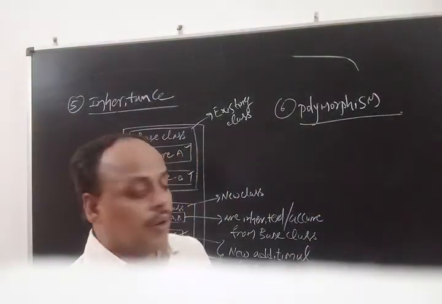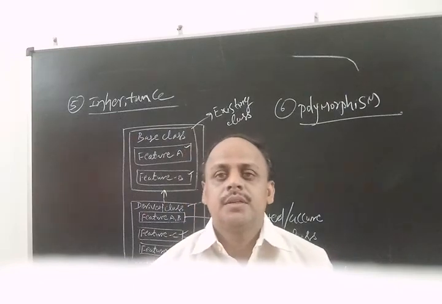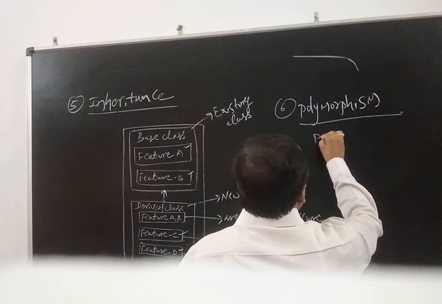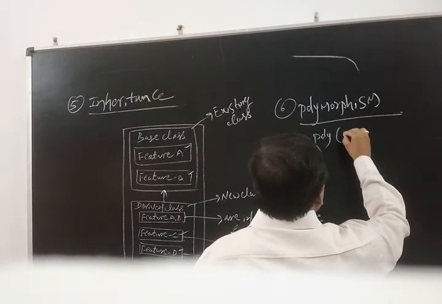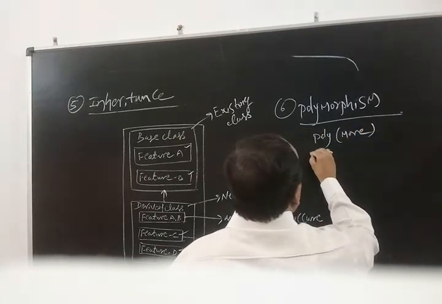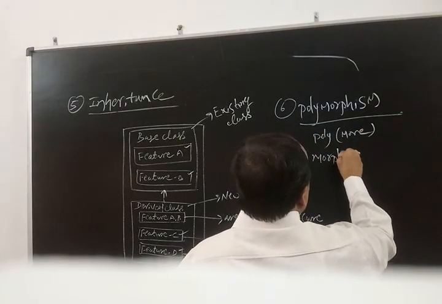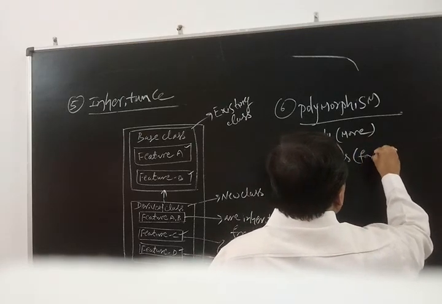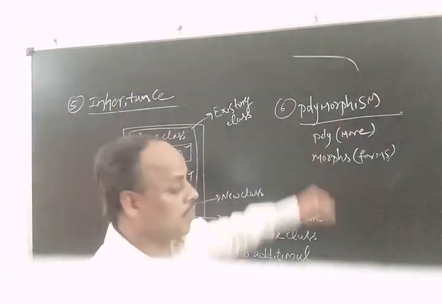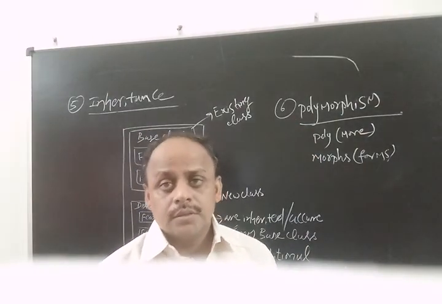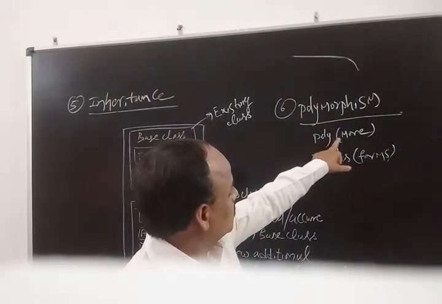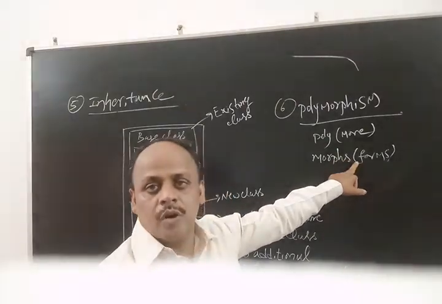This word polymorphism is derived from two Latin words: poly means more, and morphs means forms. Poly represents more, morphs represent forms.